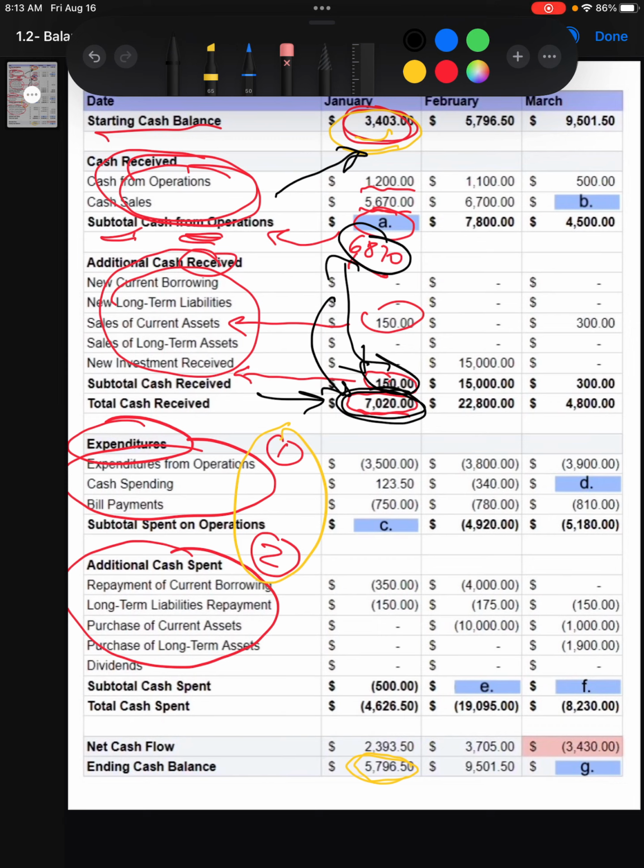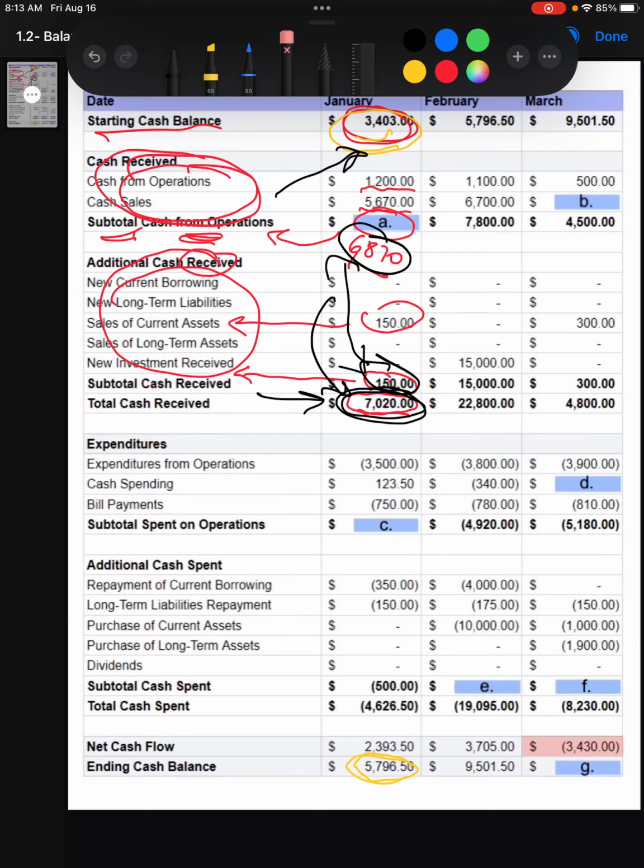So let's begin with the first category, that's expenditures. I just want you to notice that if you have numbers in parentheses, that means that you are subtracting money. Okay, it means negative numbers, or it means expenses.